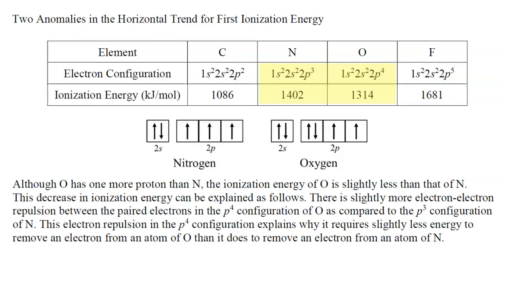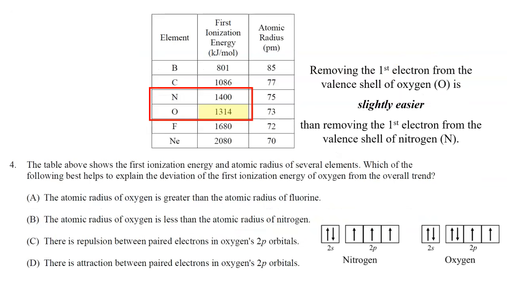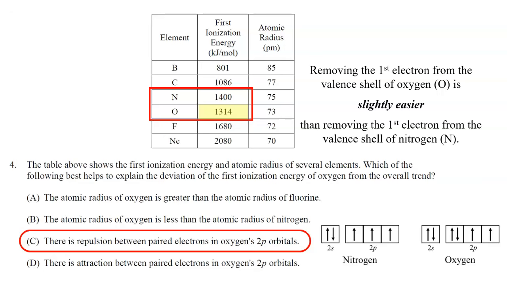This electron repulsion in the p4 configuration explains why it requires slightly less energy to remove an electron from an atom of oxygen than it does to remove an electron from an atom of nitrogen. So we're looking for electron-electron repulsion, and you can see in our choices that choice C is exactly the correct explanation. There is repulsion between paired electrons in oxygen's 2p orbitals. So the correct answer to question 4 is C.